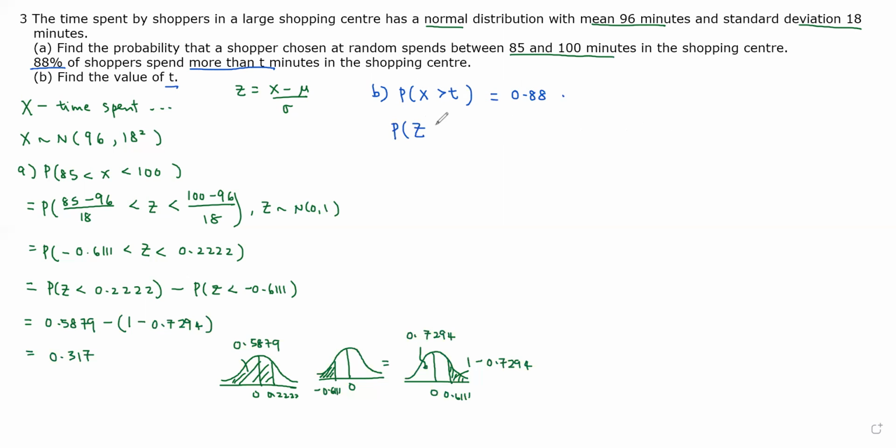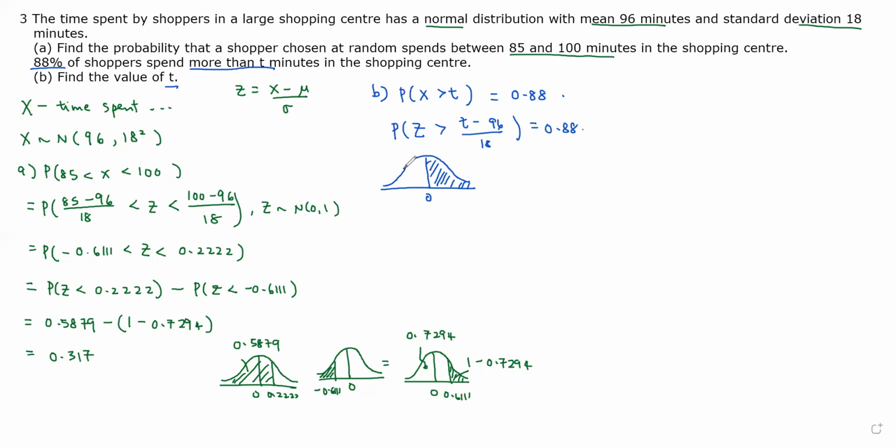Standardizing, we have the probability Z greater than T minus 96 over 18. This is 0.88. What we want, T greater than this value, we start shading from the right. We need to shade an area of 0.88.